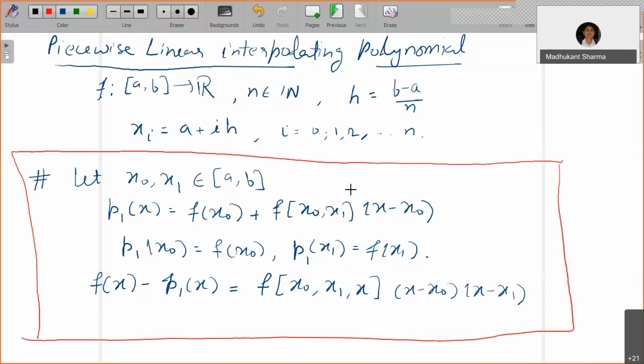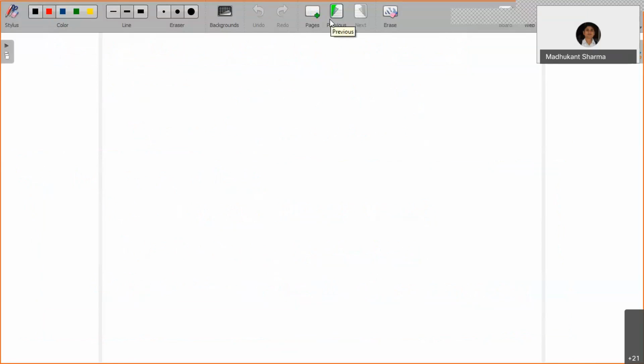Now let's look at the interpolation points x0, x1 and so on. Here h equals (b minus a) by n, and x0, x1, x2, ..., xn are the interpolation points. Let's say this is the point a, and this is the point b.